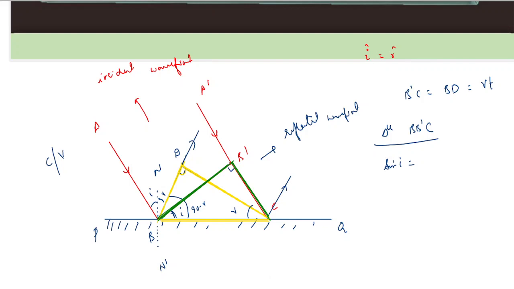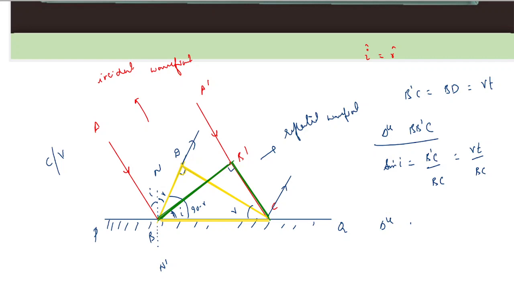From here, sine I is equal to B dash C by the hypotenuse, which is BC. That is the same as vt by BC.